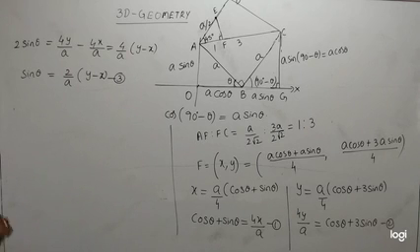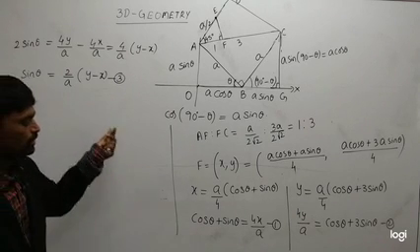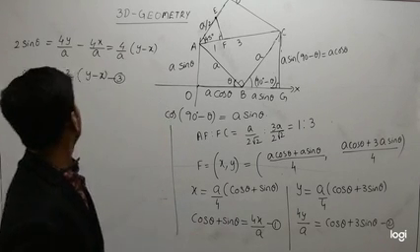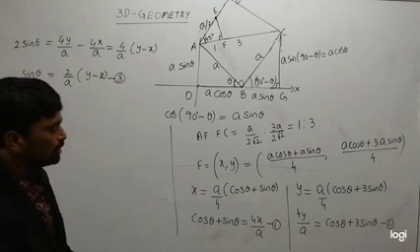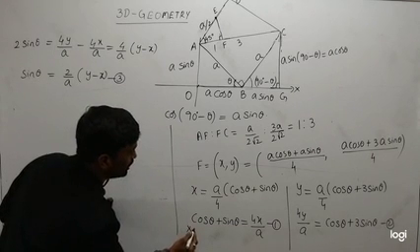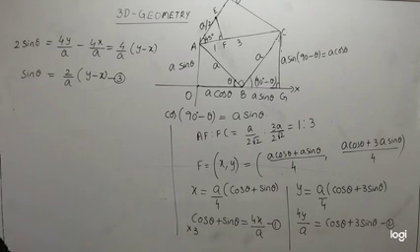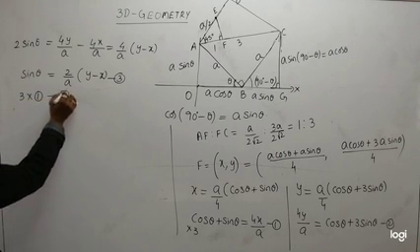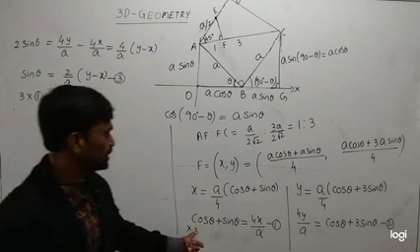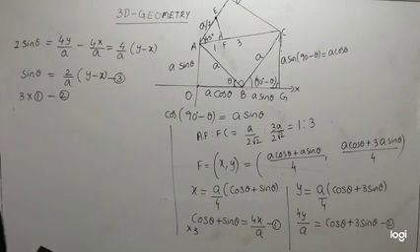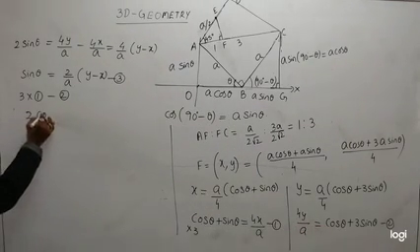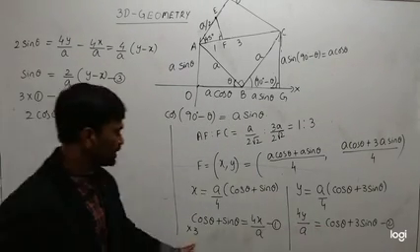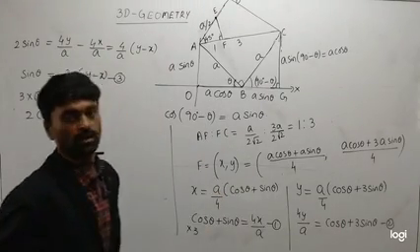Next, you substitute this value either in equation 1 and find cos theta, or else multiply equation 1 by 3, then subtract from 2. So 3 into equation 1 minus equation 2. Then 3 cos theta minus cos theta, what you'll get? 2 cos theta. 3 sin theta minus 3 sin theta gets cancelled.